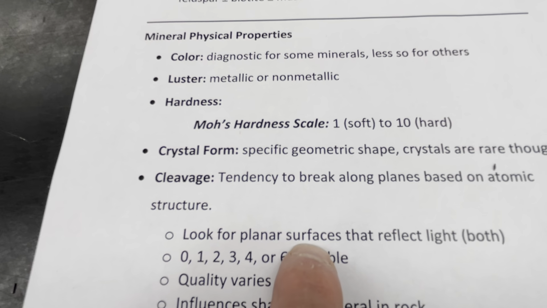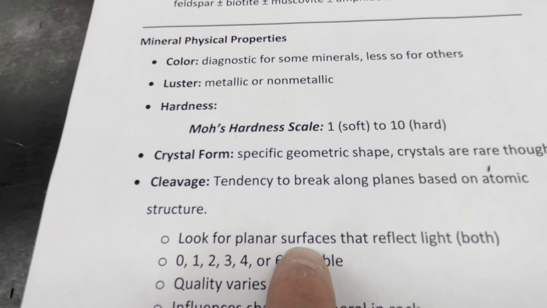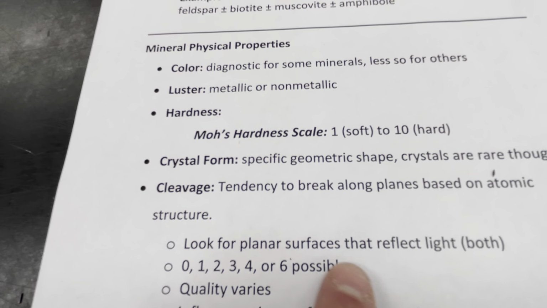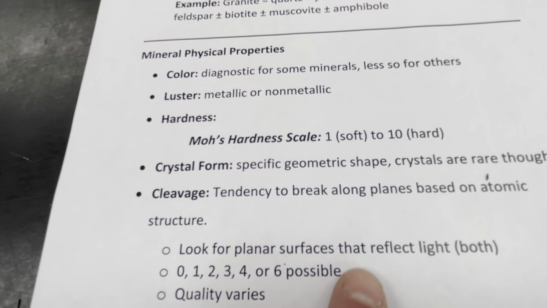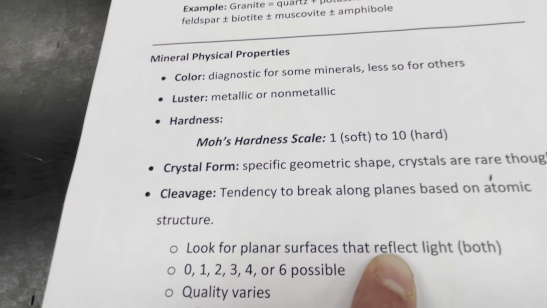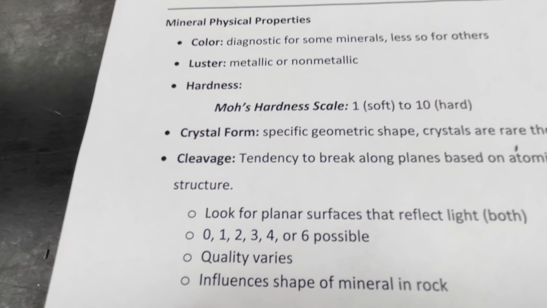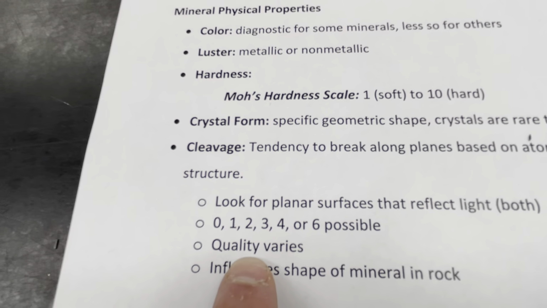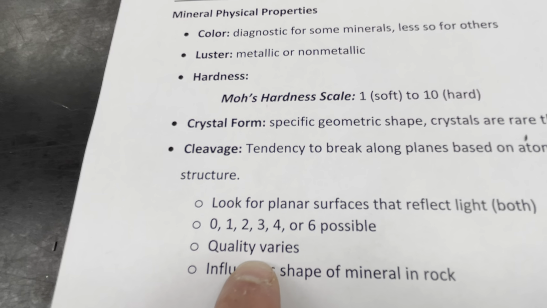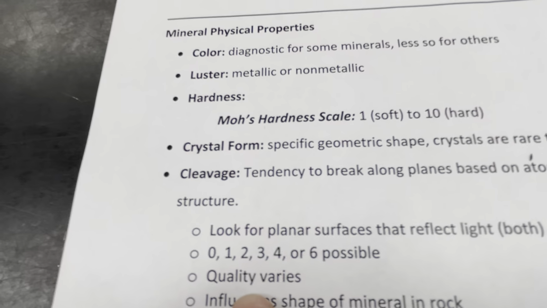So the mineral should have surfaces, maybe more than one, maybe only one, just depends on how many cleavage planes it has, that also reflect light. A good cleavage plane does both of these. It is a somewhat planar surface and it has some reflective properties. Cleavage planes can vary from really awesome and quite impressive to cleavage planes that aren't as well defined, okay?